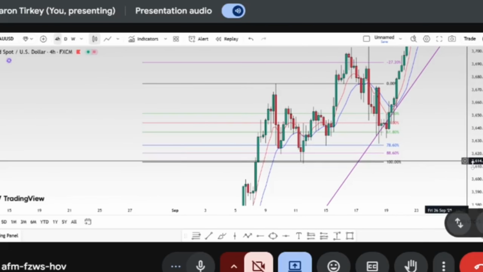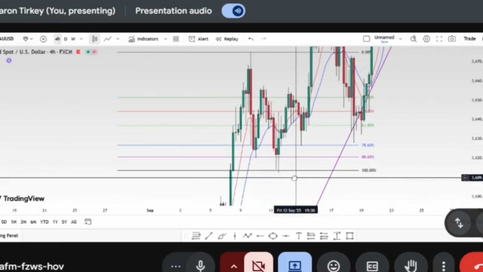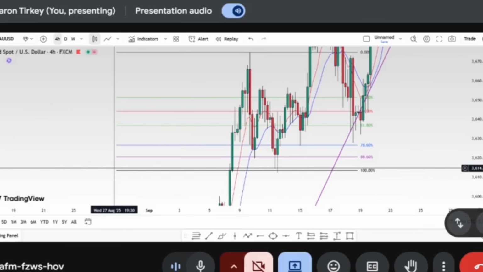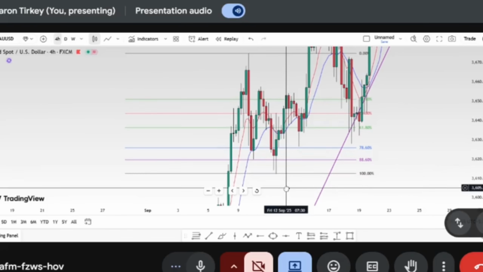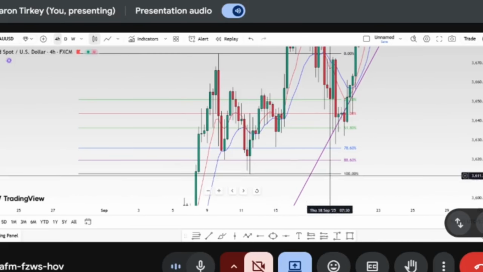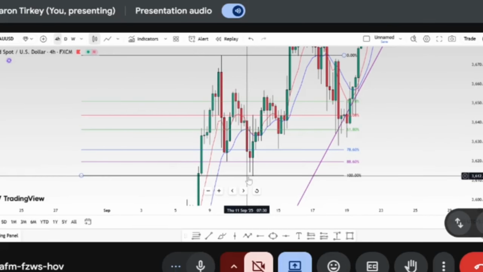This is our B. Put your Fibonacci A at the C level, exactly at the last wick of the candles. Now after that, bring your Fibonacci A to C.